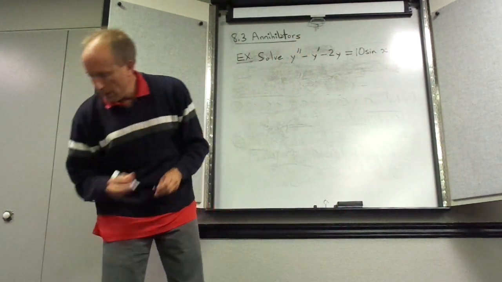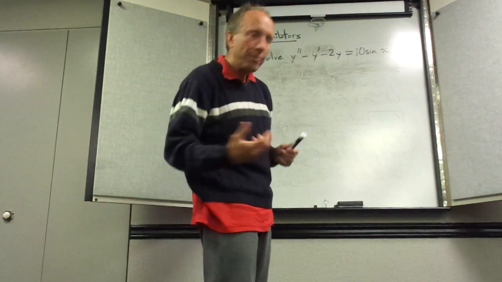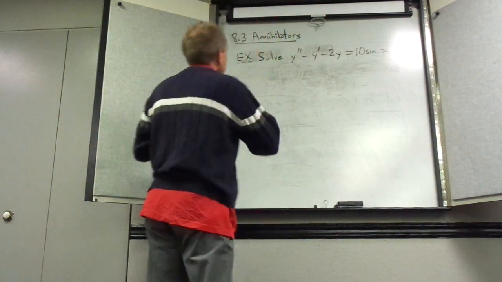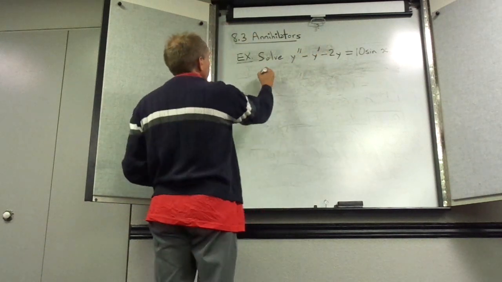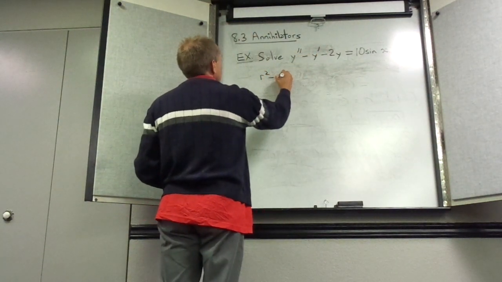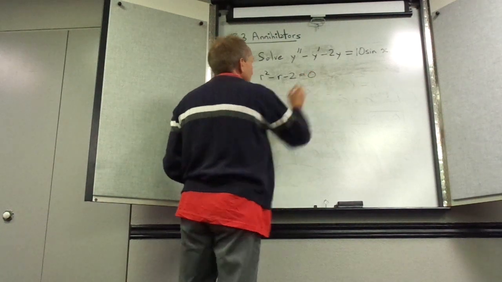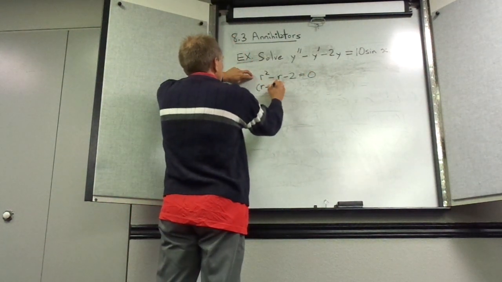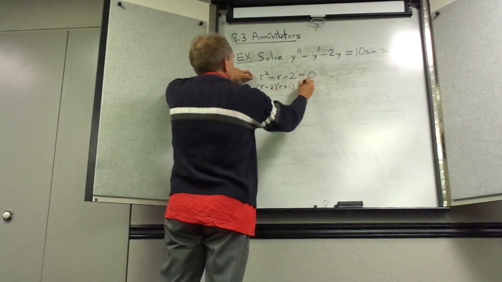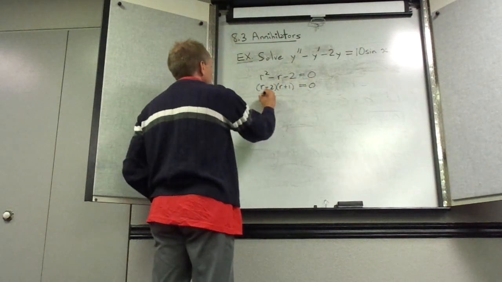Let me see if I can go just a little bit faster this time. Obviously, for the original left-hand side, the auxiliary equation is r squared minus r minus 2 equal to 0. If I factor that, I get r minus 2 times r plus 1 equal to 0.